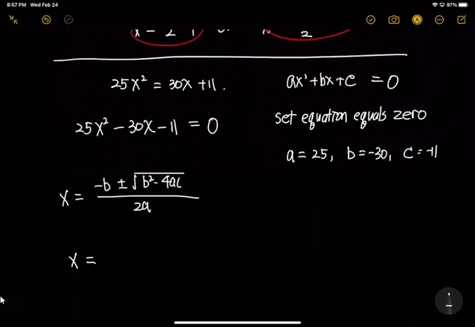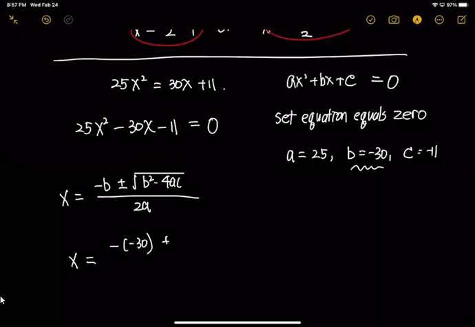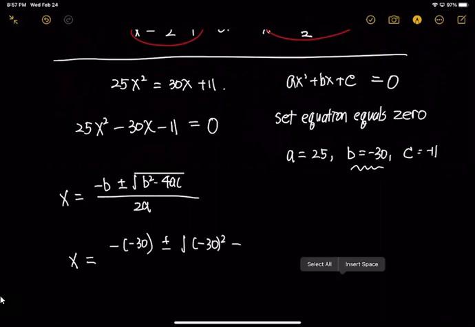So we plug in the numbers. Negative b, okay, b is equal to negative 30. So negative b is equal to what? Positive 30. You can see a negative b, and then b is equal to negative 30, so negative b is positive 30. I've seen that mistake a lot. And then negative 30 squared minus 4 times 25 times negative 11. Don't forget the negative sign.